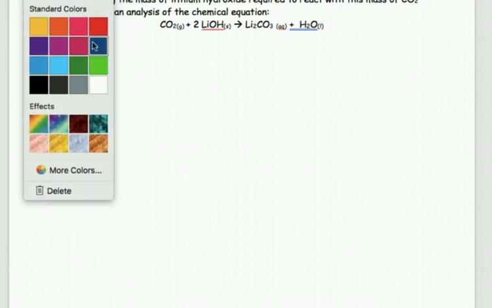All right, so we know the mass of carbon dioxide. Okay, what else do we know? Okay, that's it. We have the balanced chemical equation, and then we need to find the mass of lithium hydroxide.